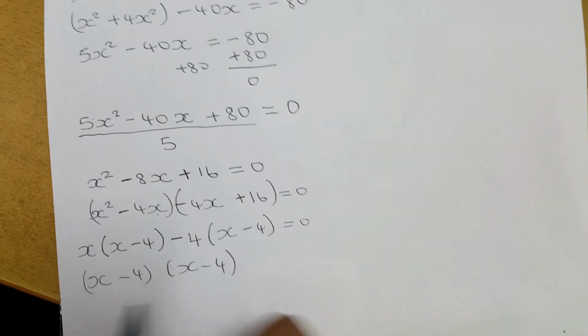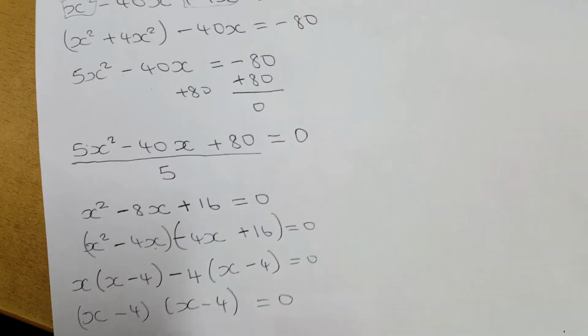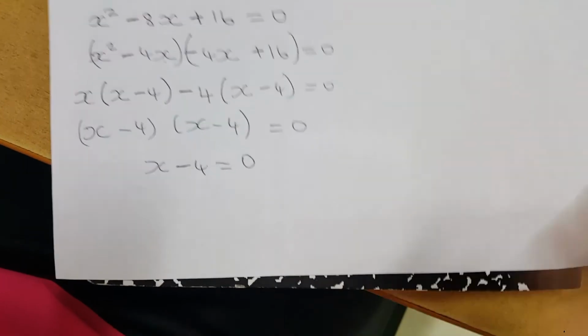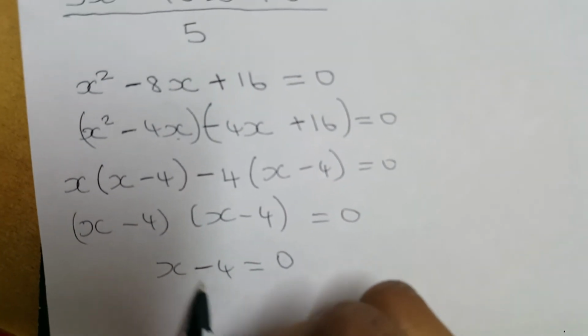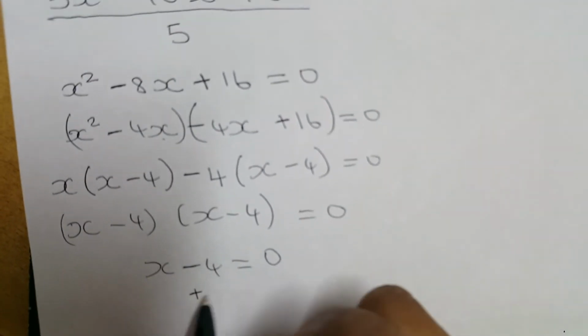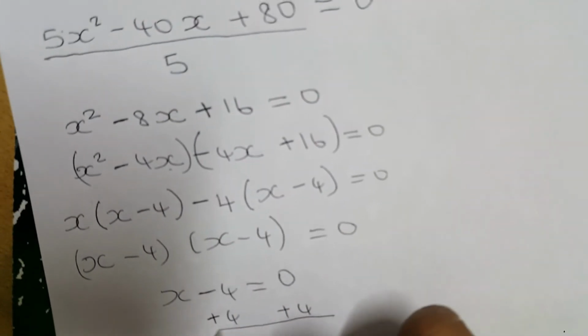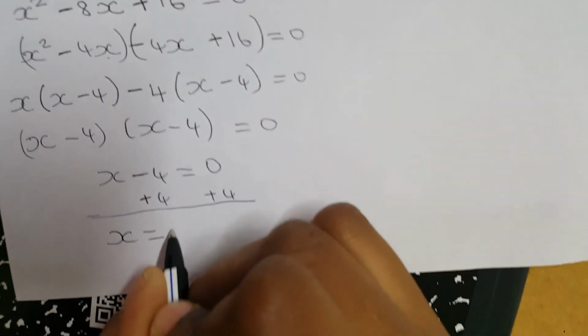As I said, you really just need one x value in the end. So once you have it like this, the aim is to find out exactly what x is. Get rid of this extra, so you add 4, add 4. So we have x is equal to positive 4.